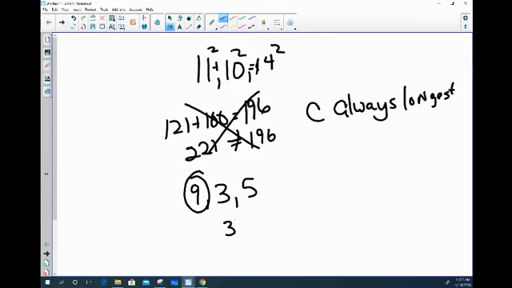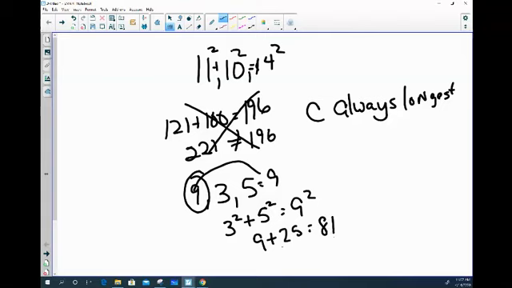So I want to know if 3 squared plus 5 squared is equal to 9 squared. So the smallest, I move the 9 over here. 3 times 3 is 9, and 5 times 5 is 25, and 9 squared is 81. This is definitely not a right triangle.